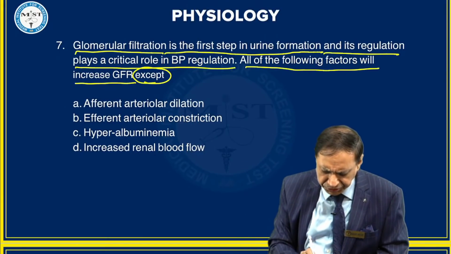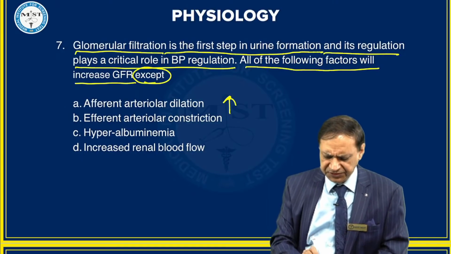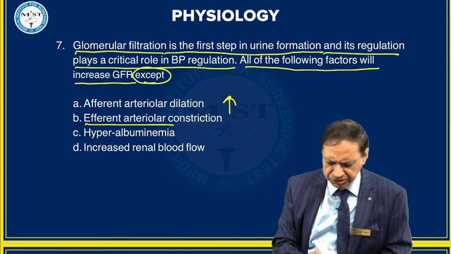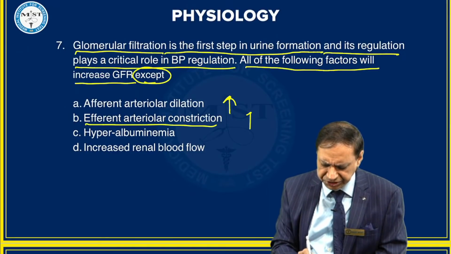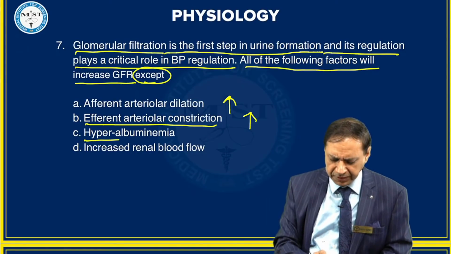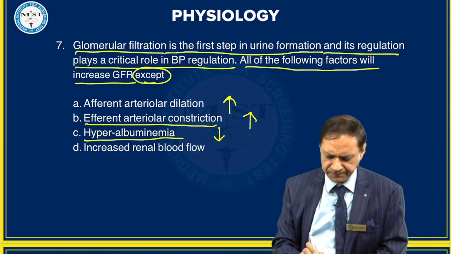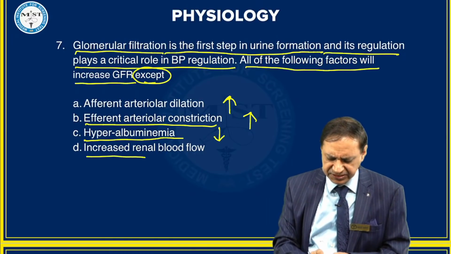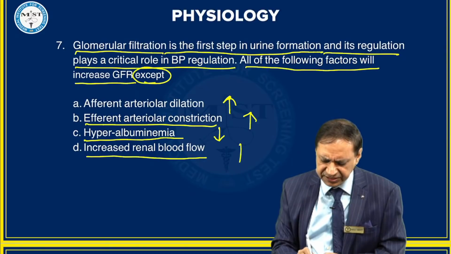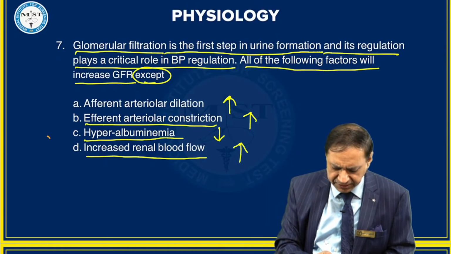Afferent arteriolar dilatation will increase GFR. Efferent arteriolar constriction will also increase GFR. Hyperalbuminemia will decrease GFR. Increased renal blood flow will increase GFR. So the answer here is very clear cut.